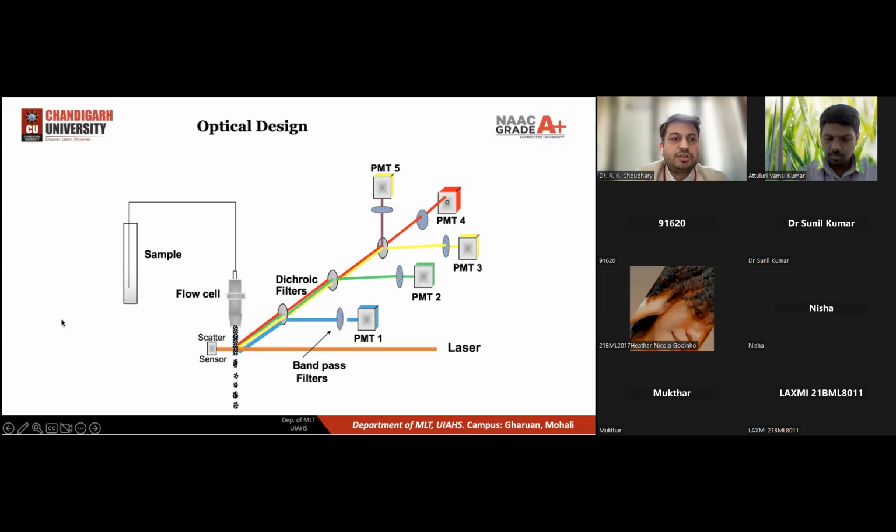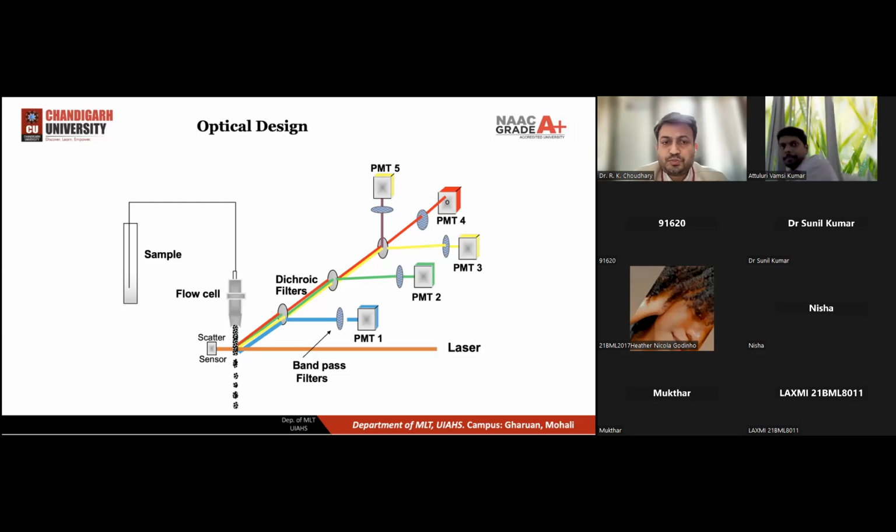Before we do the processing, we take the blood, whole blood or stem cells or anything, and you keep it with a specific fluorescent color, like FITC. You choose according to the requirement, some for the viability test, some for CD34, CD45.